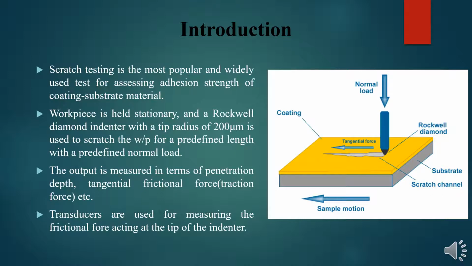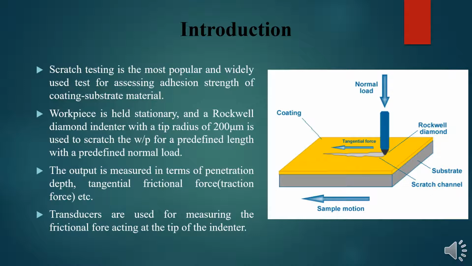In this experiment, the workpiece is held stationary, and a Rockwell diamond indenter, C-type with a tip radius of 200 micrometers, is used to scratch the workpiece for a predefined length with a predefined normal load. The output is measured in terms of penetration depth and tangential force. Frictional force means the traction force.